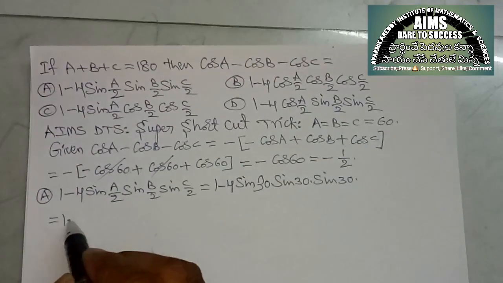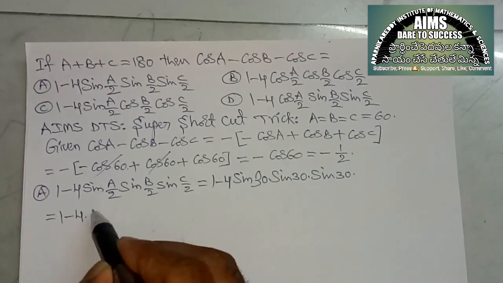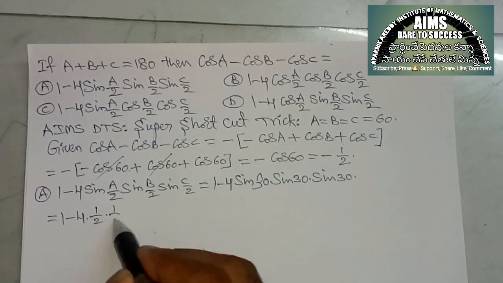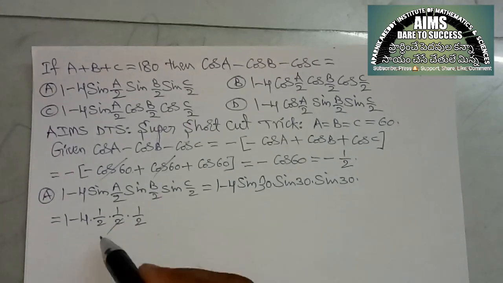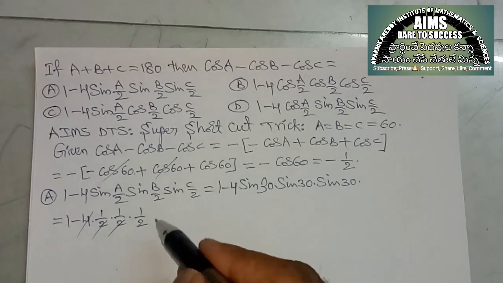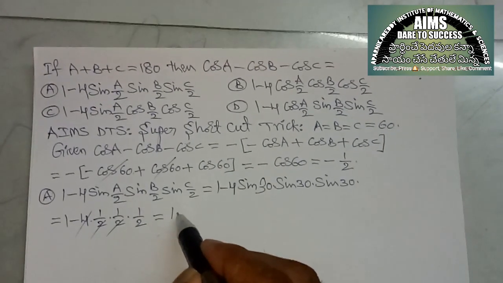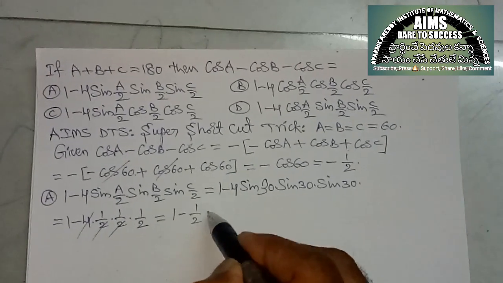That is 1 minus 4 into sin 30, 1 by 2, into sin 30, 1 by 2, into sin 30, 1 by 2. 2 twos are 4, and the 4 in the numerator gets cancelled. The remaining answer is 1 minus 1 by 2.